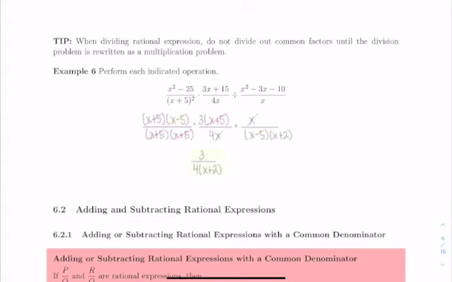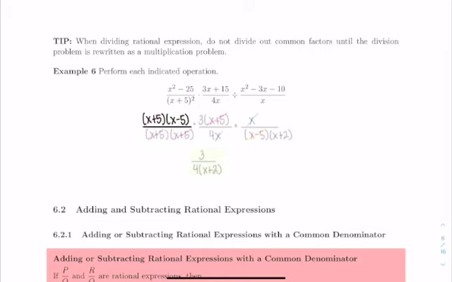Now, what if I have both operations inside one problem? It's going to work the same way. So let's go ahead and rewrite these by factoring. On the top of the first rational expression, x squared minus 25 can be factored as x plus 5, x minus 5.